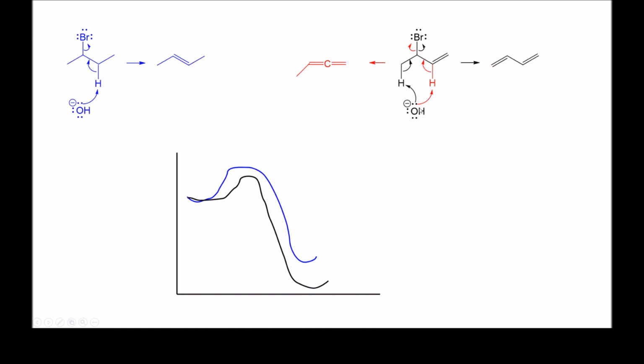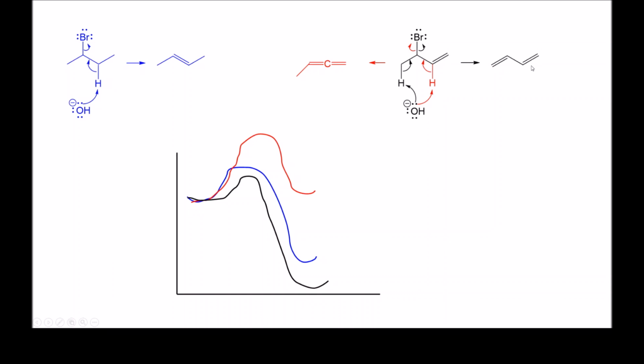If instead the hydroxide is trying to pull off this hydrogen to make the unstable cumulated alkene, then you're going to have a very large activation barrier and drop down perhaps not at all in energy. I don't know what the energy difference is for making a cumulated diene, and so it's just not going to be as favorable as making the conjugated system.